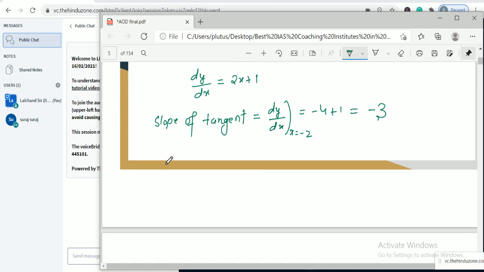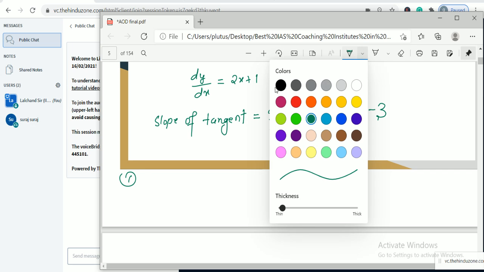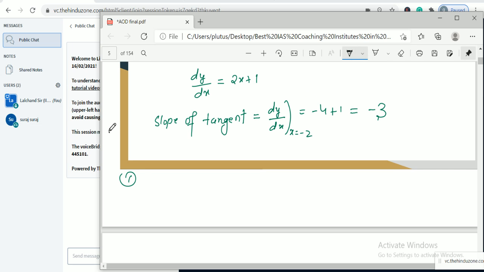Now we need to write both equations. First, the equation of tangent. Can you tell me what is the equation of tangent? We have point as well as slope. Can you write the equation of tangent now? You can do that because we have always discussed this earlier in coordinate geometry too.